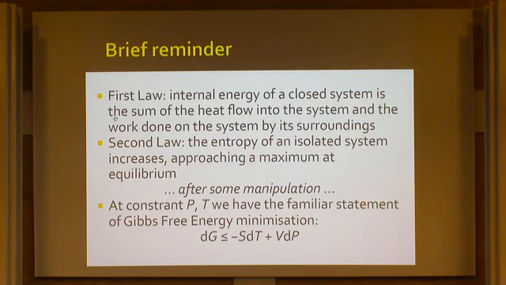The first law is essentially a statement of the conservation of energy. The second law is essentially a statement that disorder is increasing, and the entropy of an isolated system, so closed bulk composition, approaches the maximum at equilibrium.